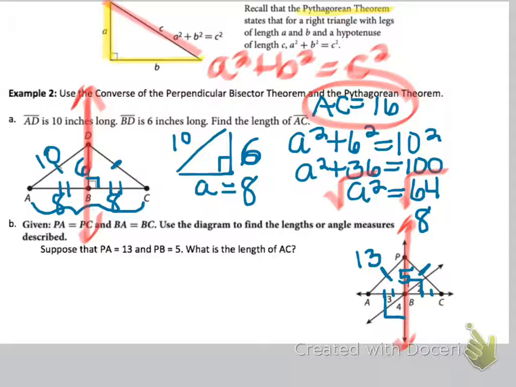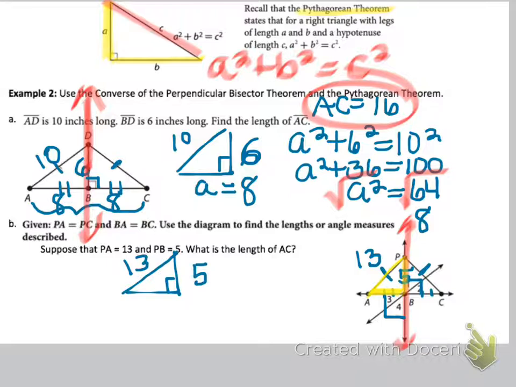So we could use that whole idea of the right triangle right here. This time we know that we've got this part being 5, and we've got the hypotenuse being 13. So I'm just cutting off and taking one of those little right triangles.